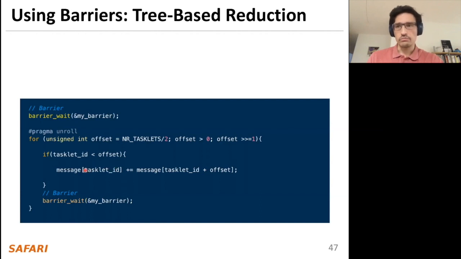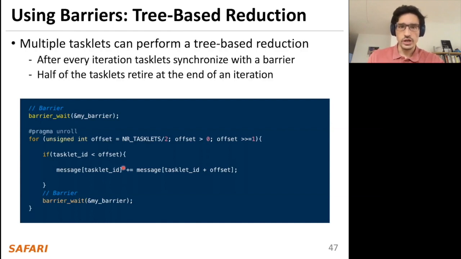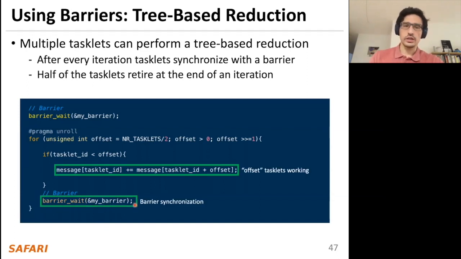The corresponding active tasklet goes to another position of the array, at distance offset, and accumulates that value with its own value, right? So there are several iterations here. After each of the iterations, we need a barrier because we need to make sure that all the active threads have done this addition. Then they synchronize, and we can start the next iteration, in this case with half of the tasklets from the previous iteration.